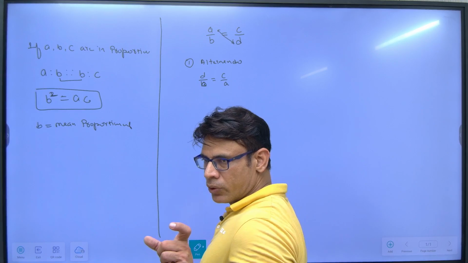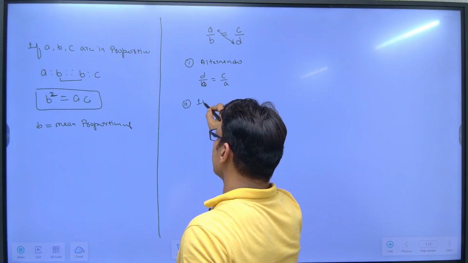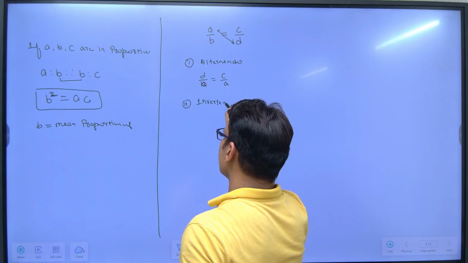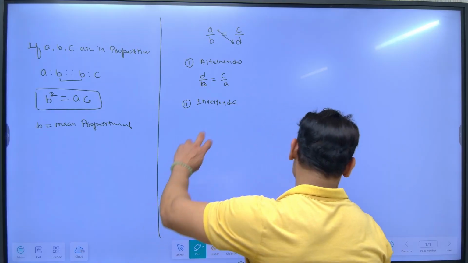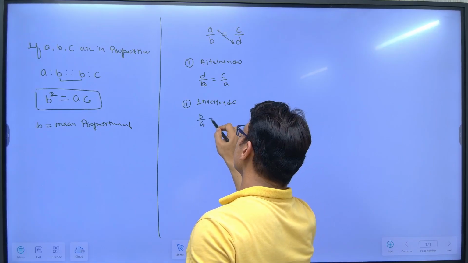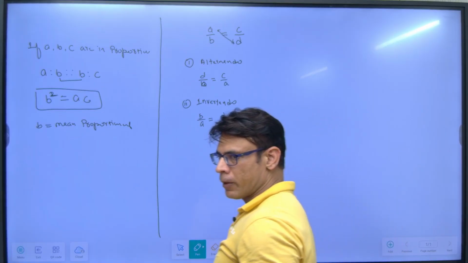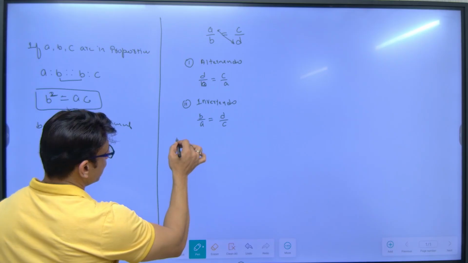The sign of equal to will not change. Second is called invertendo. In invertendo, you interchange this, so it will become B by A, and this will become D by C. It's called invertendo, right?